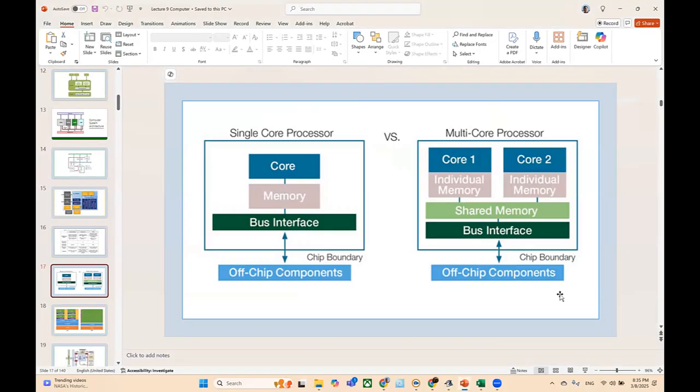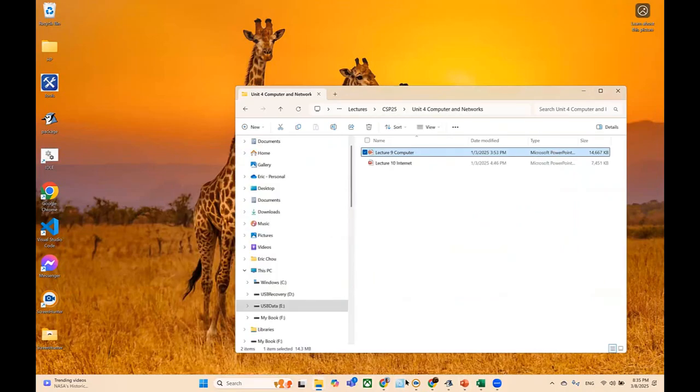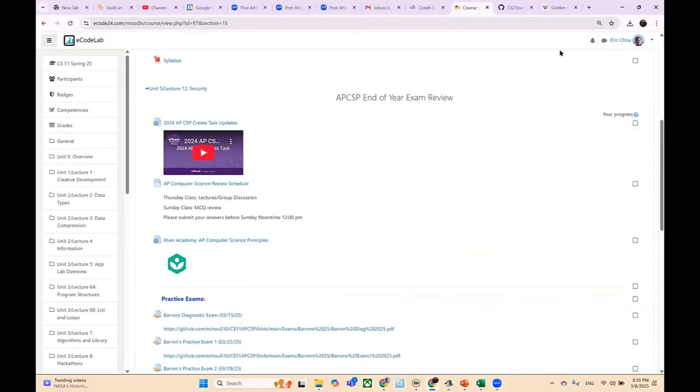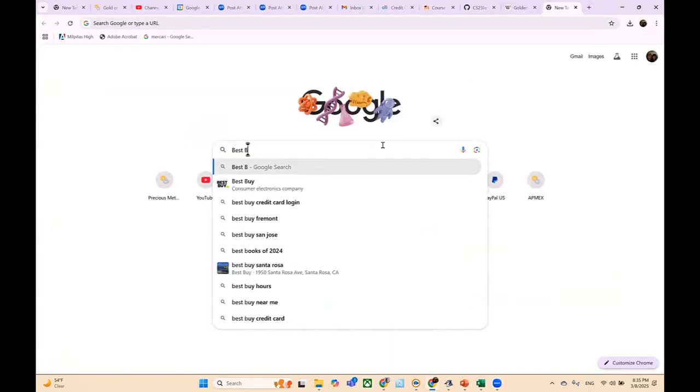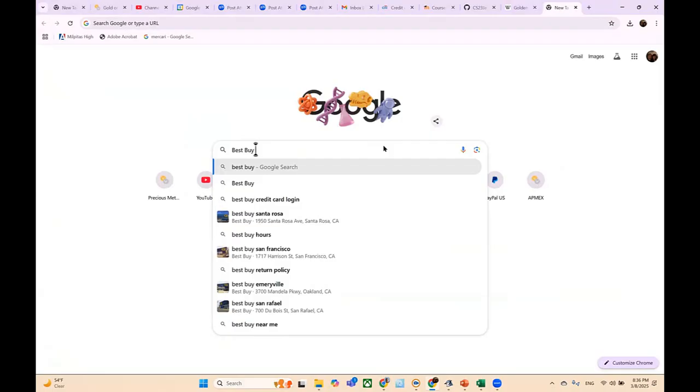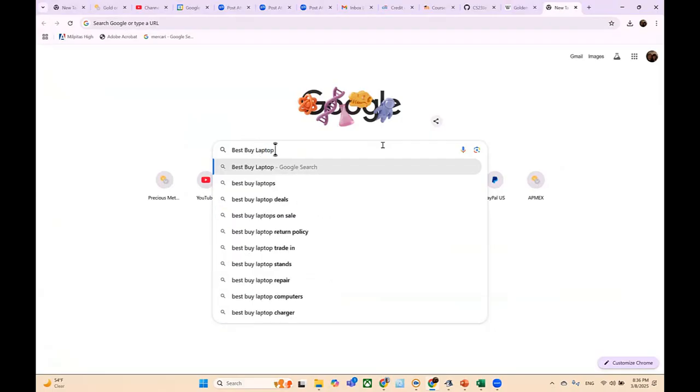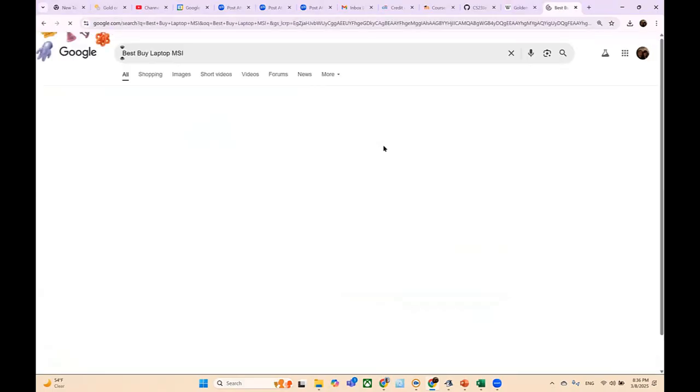So nowadays, most of the computers that you buy, let's actually go to Best Buy. Best Buy laptop, MSI laptop, okay?